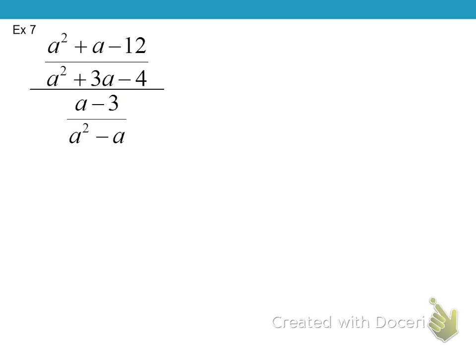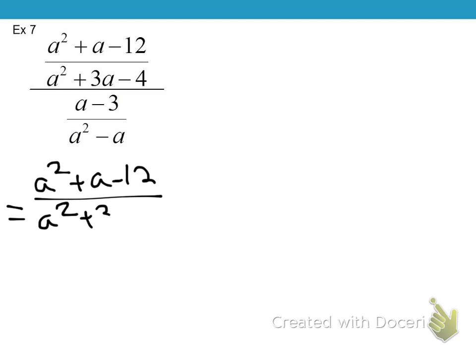Okay, so let's just start rewriting it as division. Let's just start with what we know. Take it slow. A squared plus A minus 12 over A squared plus 3A minus 4, divided by A minus 3 over A squared minus A. Now what?